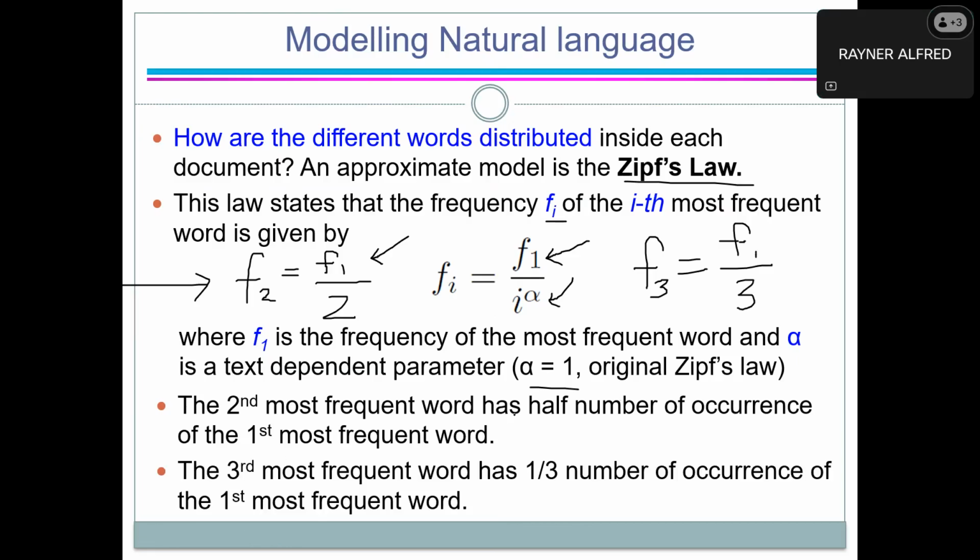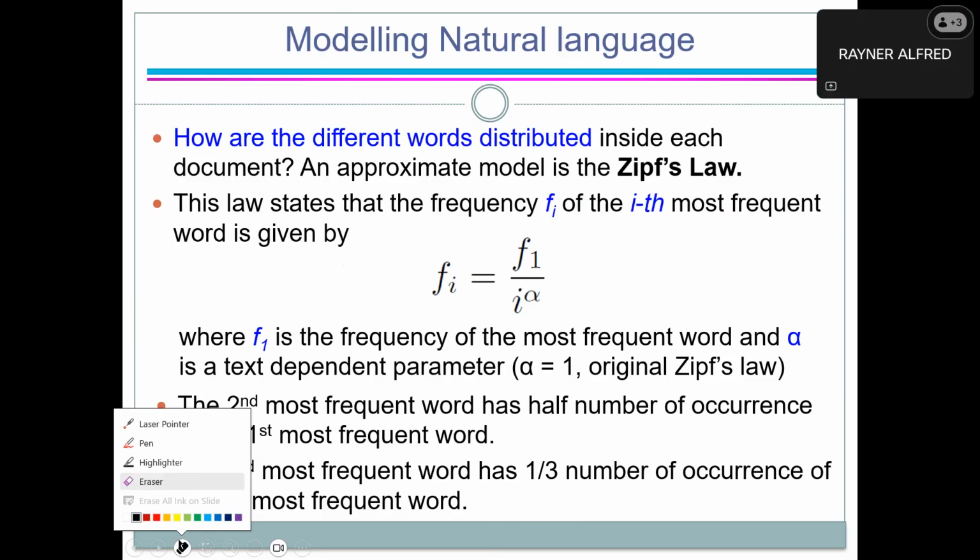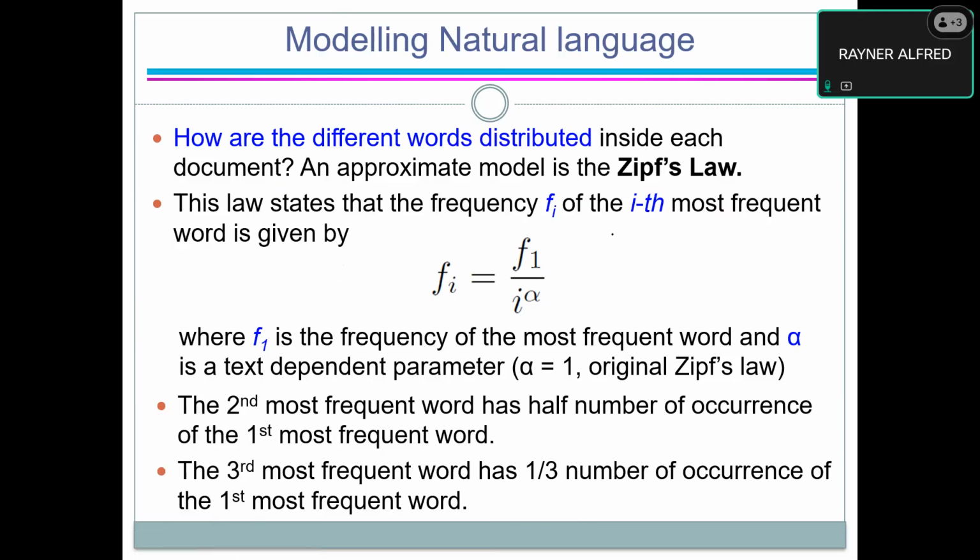So the second most frequent word has half the number of occurrences of the first one. The third most frequent word has 1/3. Okay. So for example, I can give an example here. We say that the word X appears 9 times. This is the first one. The second most frequent, for example Y, should be 4.5 because it is half of the first one.